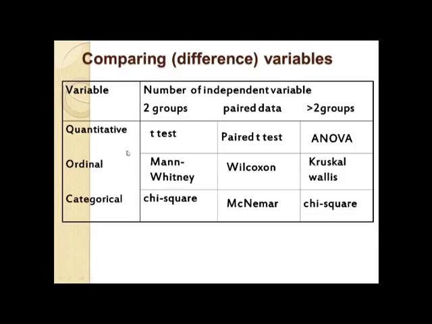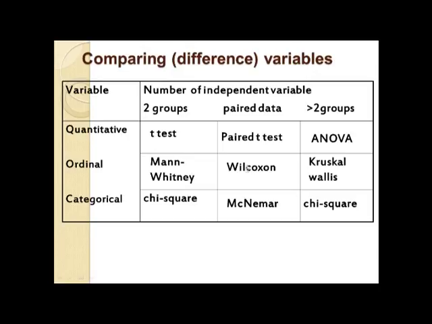Now, if you have the dependent variable as quantitative and the independent variable as categorical, if you have two groups, you will use t-test. If you have two groups, meaning two outcomes, you will use t-test. But if you have more than two groups, you will use ANOVA. And if you have two variables which are quantitative in nature, you will use Spearman correlation or linear regression.